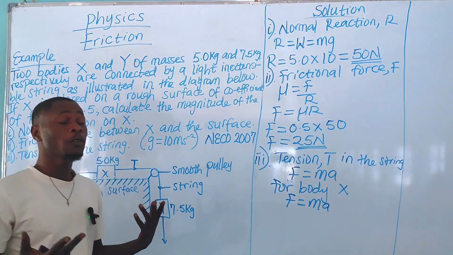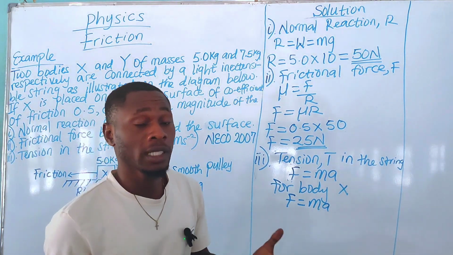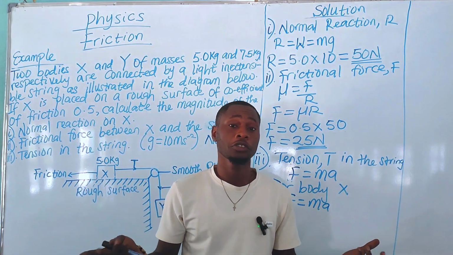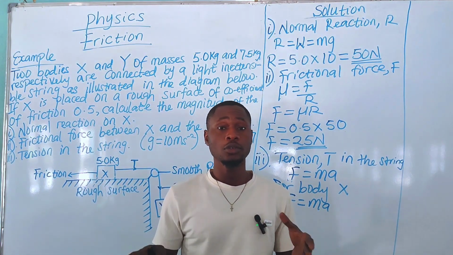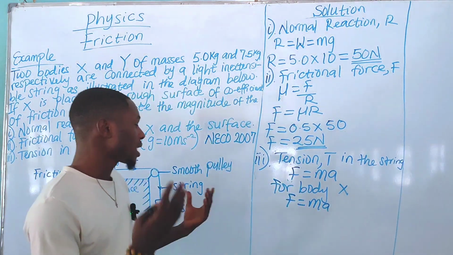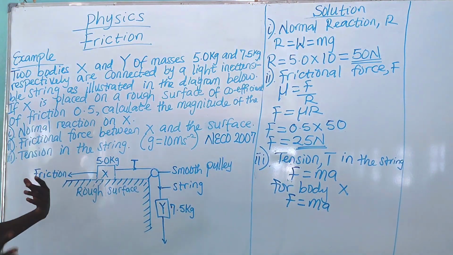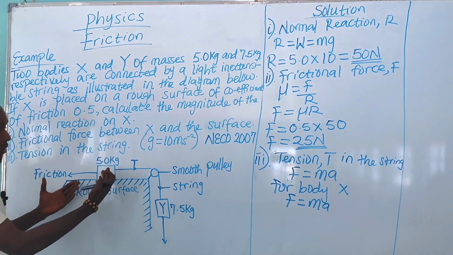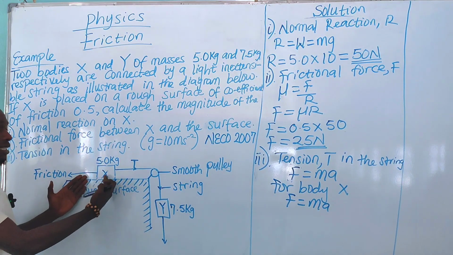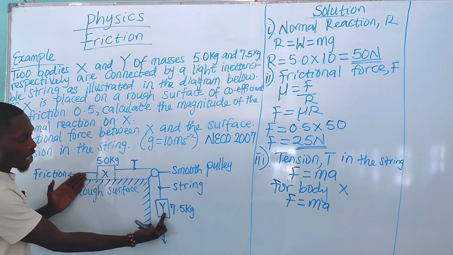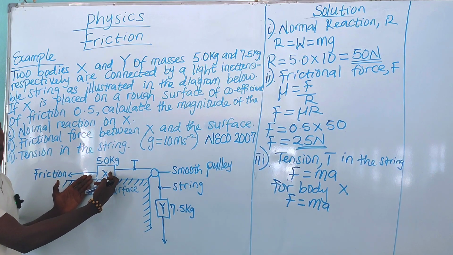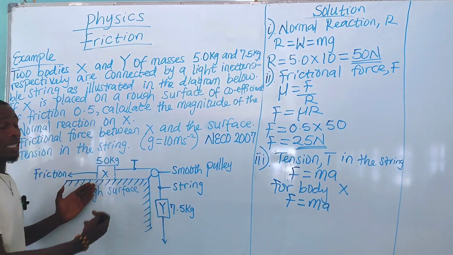Remember that when you have two forces acting on a body in opposite directions, the total force acting on the body is the difference between the two forces. But the question is, how do we know which of the forces will be greater than the other? Now, since the body has every tendency of pulling in this direction, because this mass is actually greater than this mass, it has every tendency of moving in this direction.